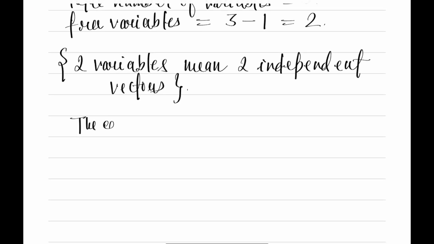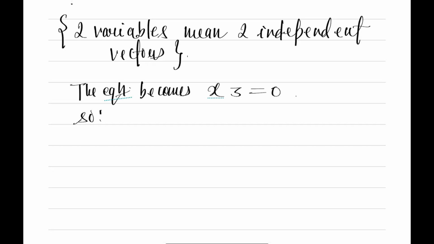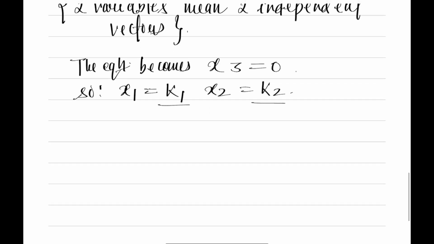The equation becomes x3 is equal to 0. So we will assume our free variables: x1 is equal to k1 and x2 is equal to k2. We can take anything; in place of k1 we can take alpha, and in place of k2 gamma. We can take any value, but in this problem we will take k1 and k2.